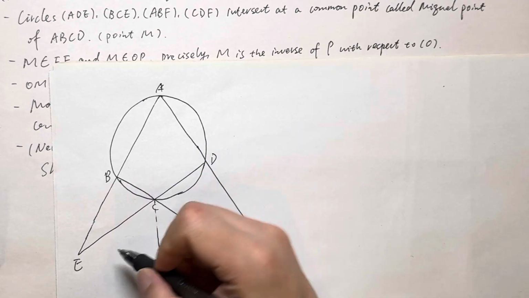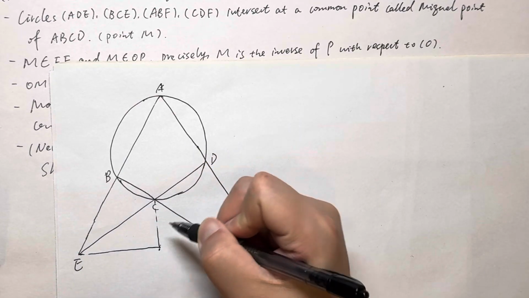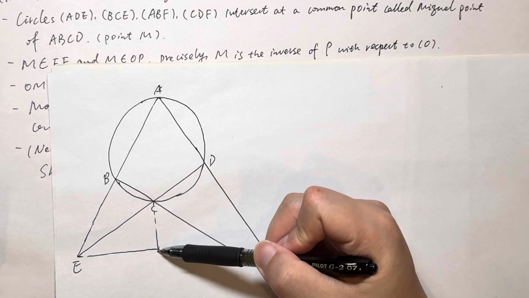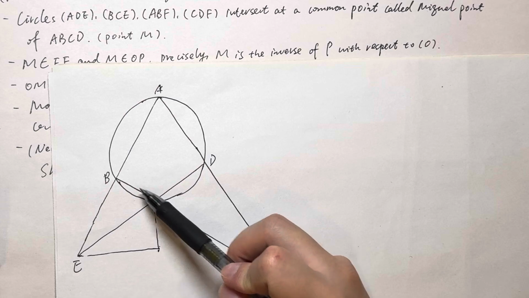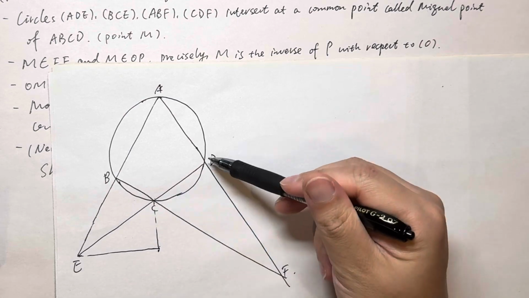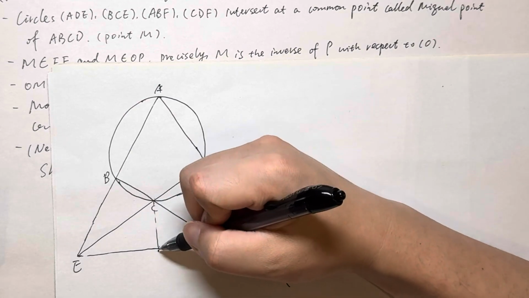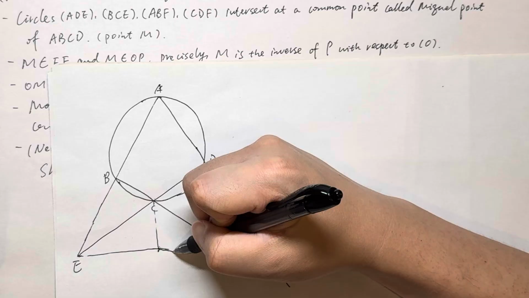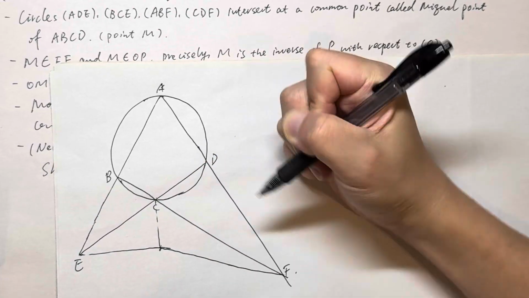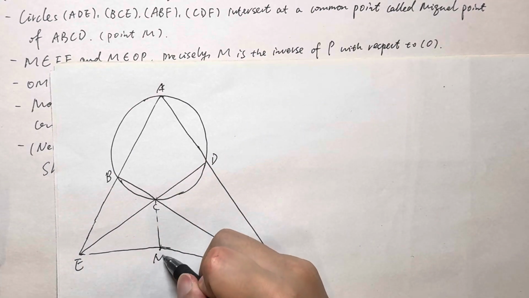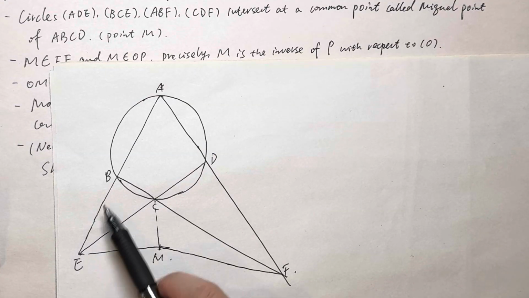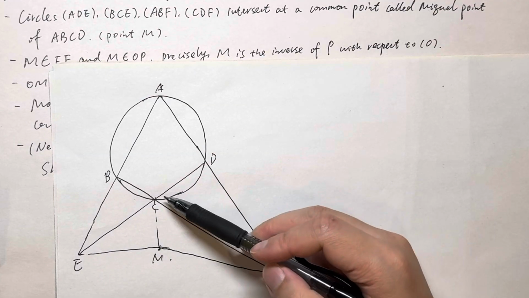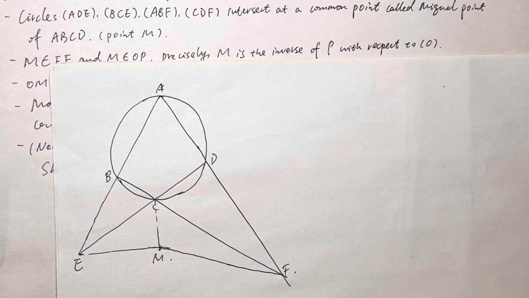And we can just think of this as the intersection point of circle ECB and circle FCD, right? That is perfectly fine. This is the intersection point of the circle EBC and the circle CDF.